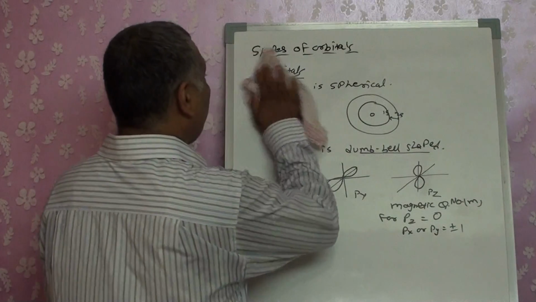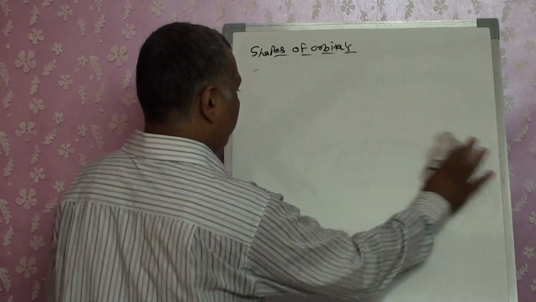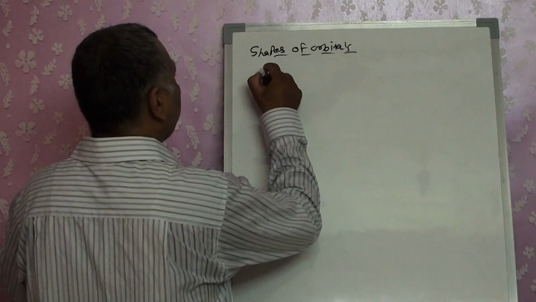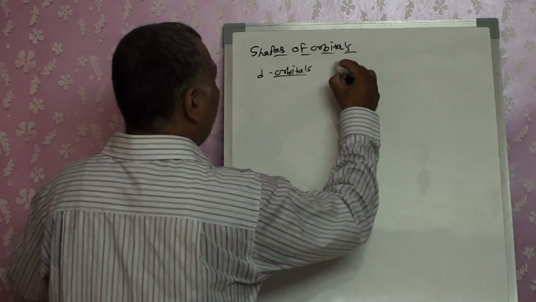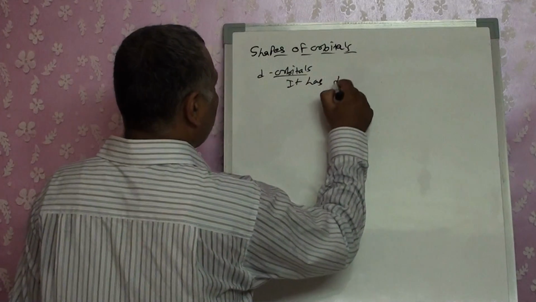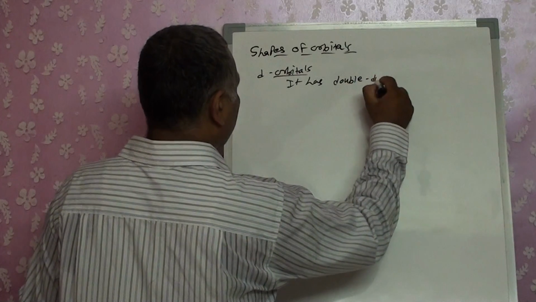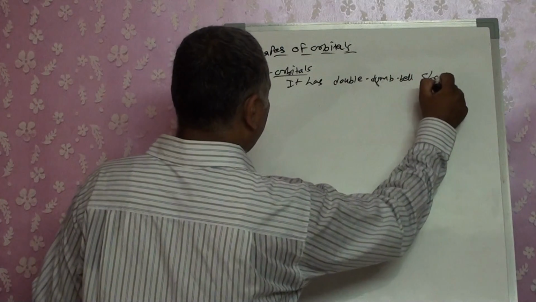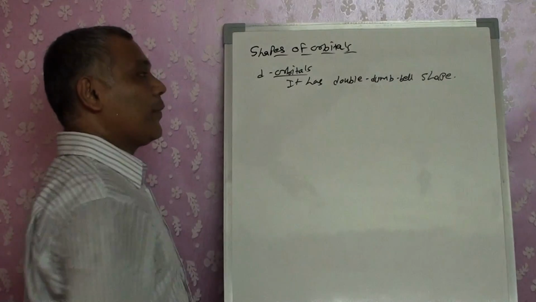Similarly, when we go for d orbitals, we have a double dumbbell shape, right?